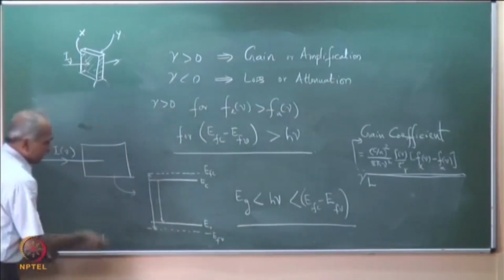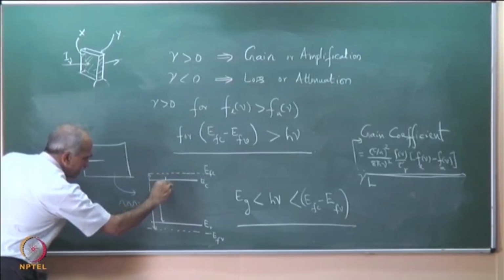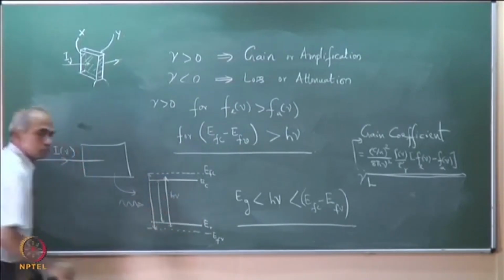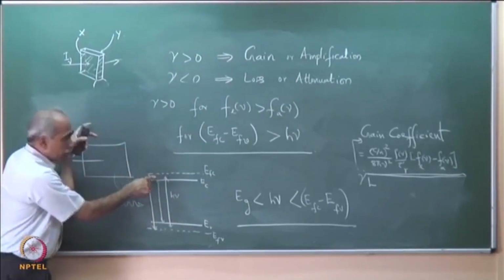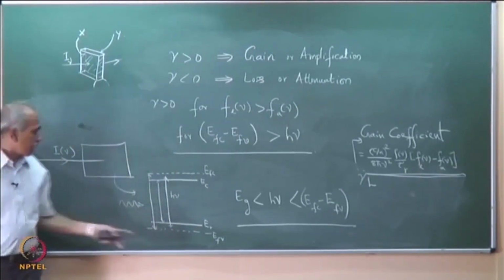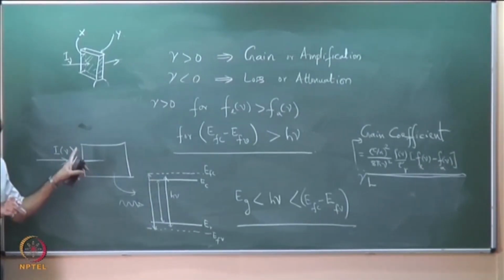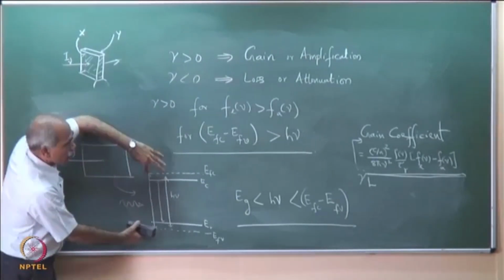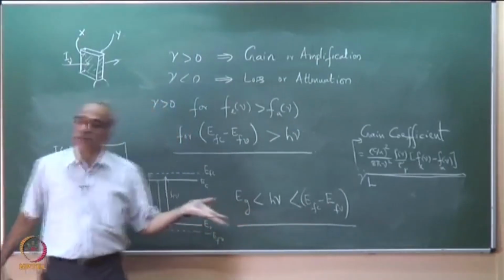It means, if I have radiation such that the energy difference corresponds to some value here, let us say h nu, then for this h nu which is greater than E g but less than E f c minus E f v, we will have gain in the medium. So, if you pass a spectrum, then those frequencies for which energy satisfies this equation, we will have gain in the medium.